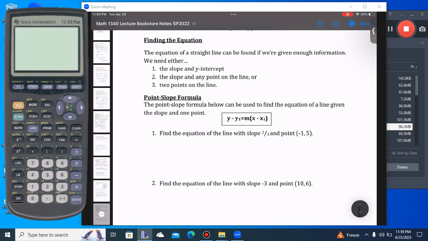So let's say we take the slope equation, m equals y2 minus y1 over x2 minus x1, and we multiply over the x2 minus x1. x2 minus x1 equals m times y2 minus y1.